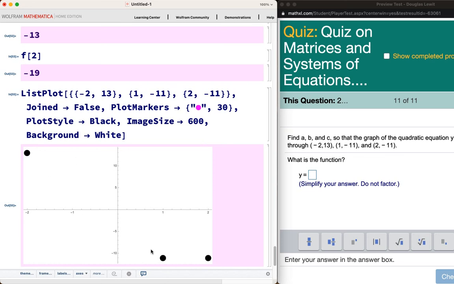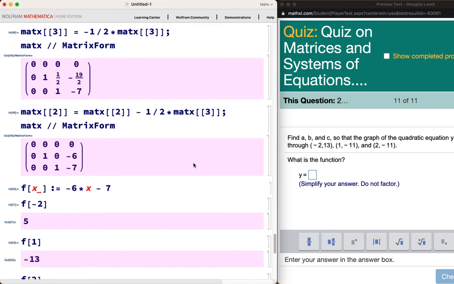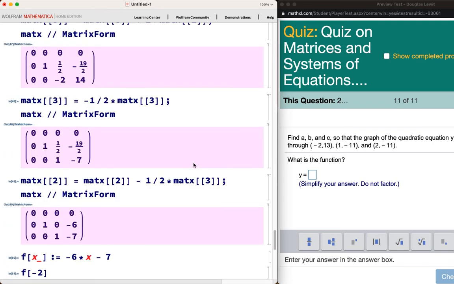So these are the 3 points. Negative 2, 13 is up here, 1, negative 11 is here, and then 2, negative 11 is over here. That is really weird.